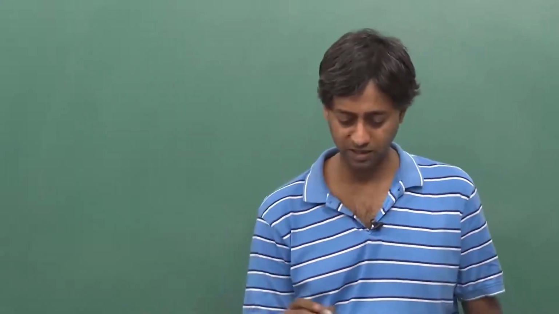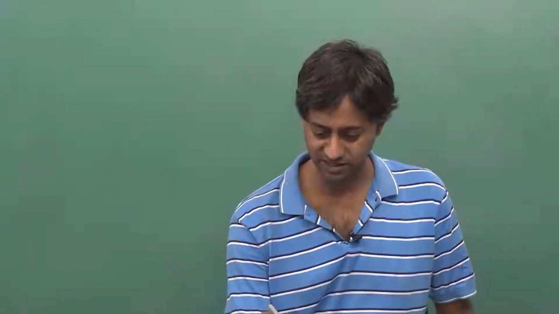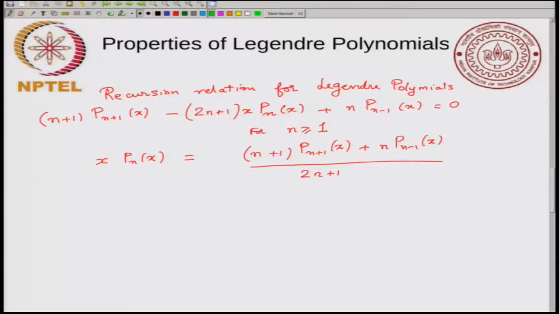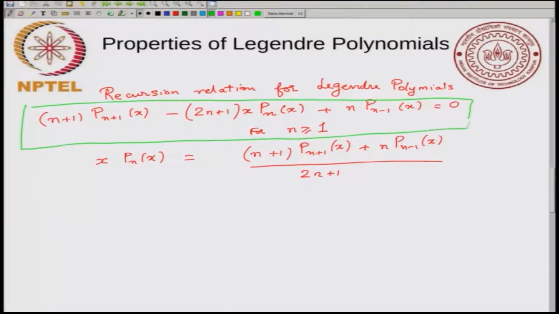Actually, I take that back. This recursion relation is something that you should try to remember. There are some factors n+1 and n, but the important content of the equation should also be very clear to you.